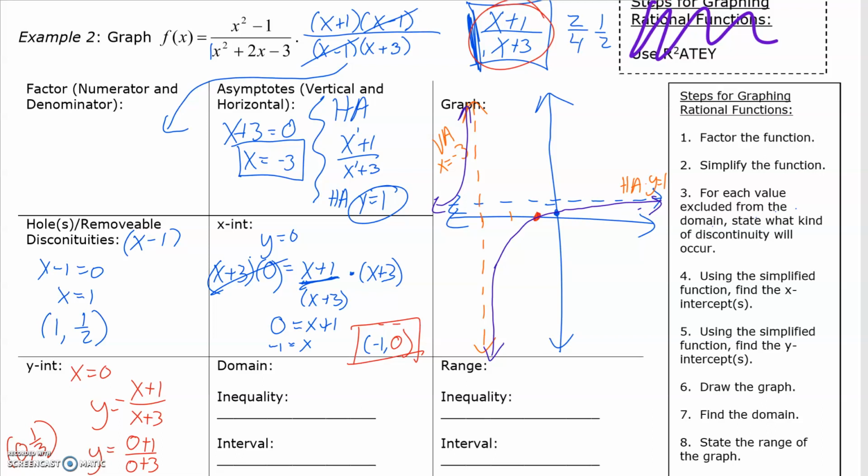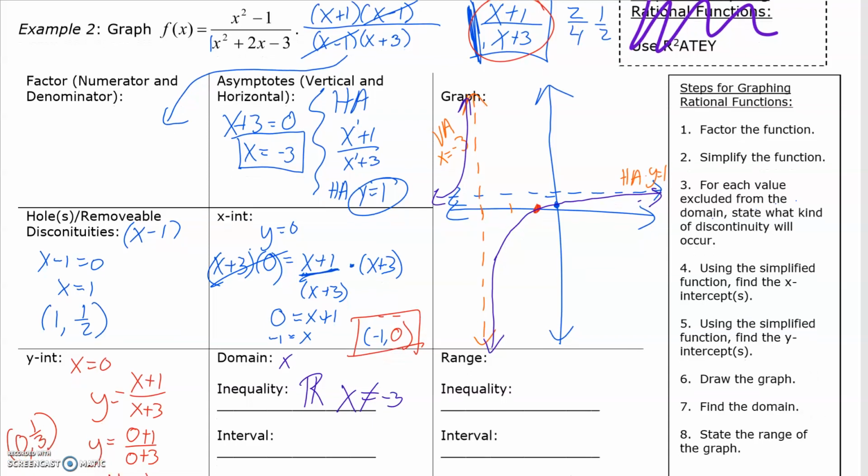When we're talking about domain, which is all x values, it would be all real numbers except where x is -3. And for our range, which is y values, it would be all real numbers except when y is 1.